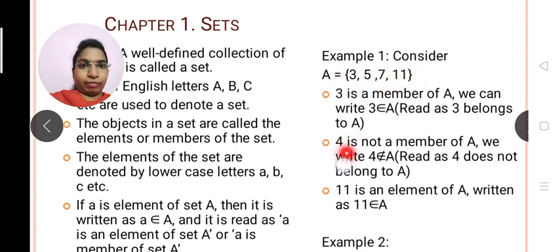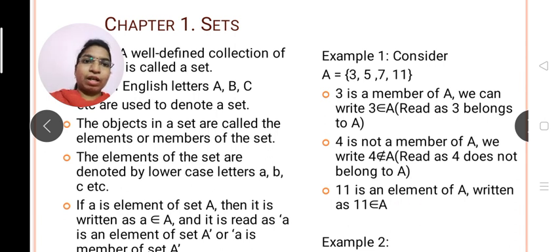So how to read and write it? 4 is not a member of A, 4 does not belong to A. This is the symbol used for not belongs to. And 11 is an element of set A, therefore we can write 11 is an element of set A, and it is written as 11 belongs to A.